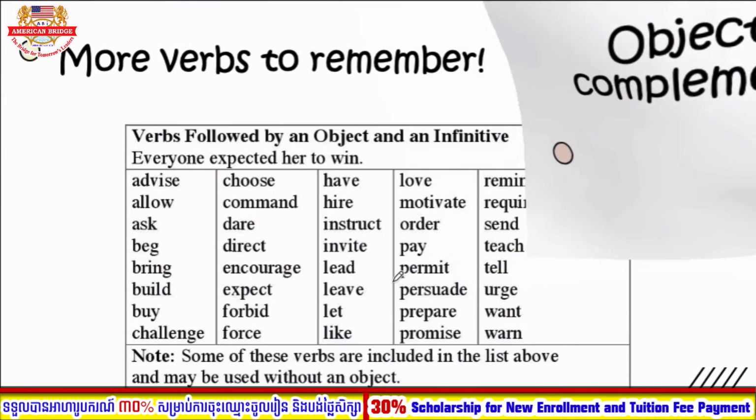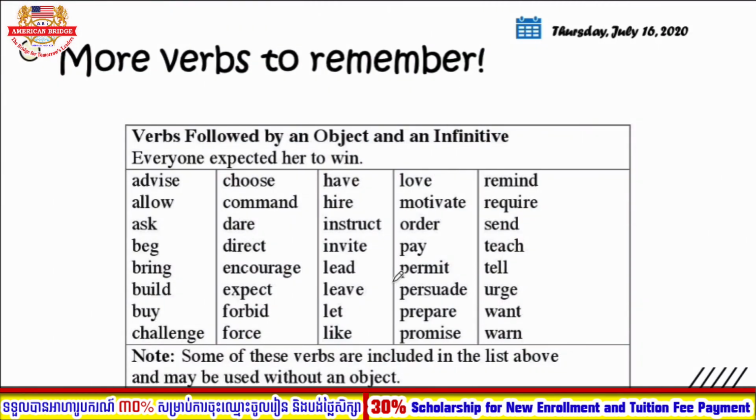And if you are not sure, you can find some table like this on the internet. These are the words that are generally used with this structure, which is for object and infinitive, while all these infinitives are called the object complements.